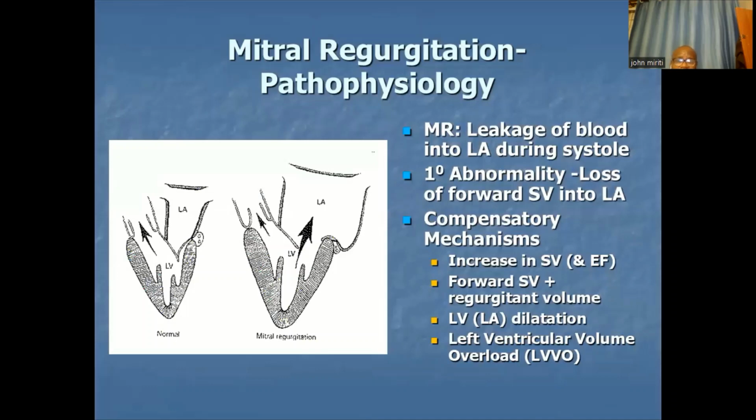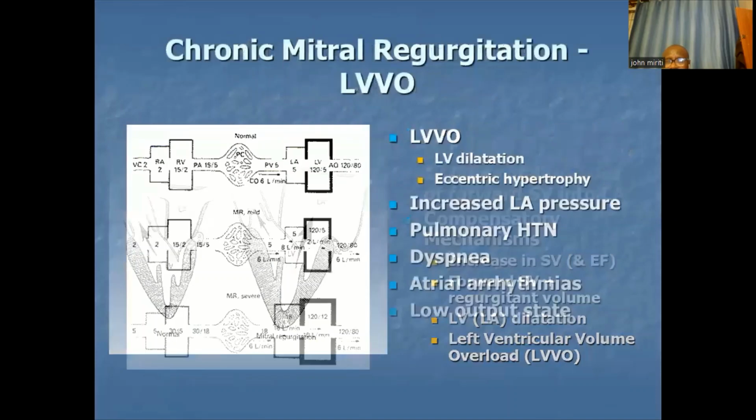Left atrium dilatation is another compensatory mechanism associated with mitral regurgitation. And the other one is left ventricular volume overload.